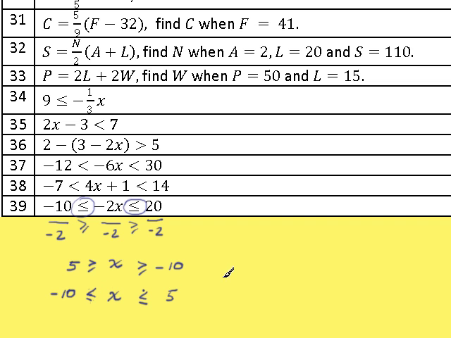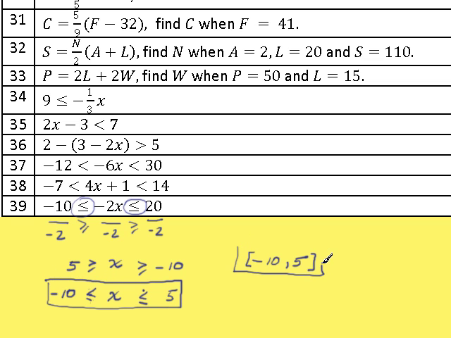Now in interval notation, we have -10 on the left, 5 on the right, and both get square brackets because of the double line here. On the number line, it would look similar to the interval. We would have -10, 5, square brackets on both, and we would shade in the interval in between.